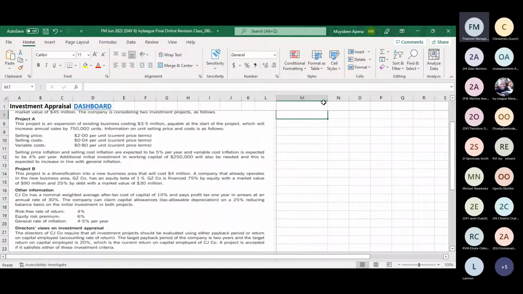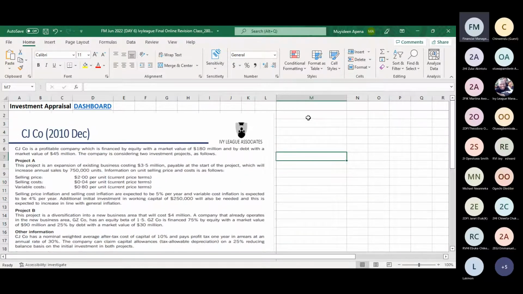Remember, I told you anytime there's change in risk, you need a proxy company. That is, even if it's a change in business risks, for instance, you need a proxy company. And we have been given the proxy company, and that company is GZCO.